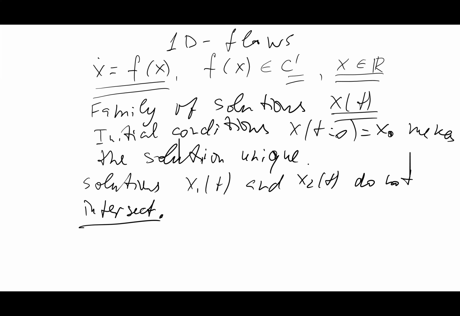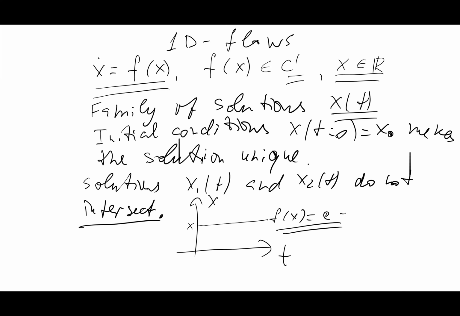So this is an important property. I was talking about this last Wednesday. So this is time, this is x. This function f of x defines a so-called direction field. If we take some value of x, then f of x equals some constant here, because it depends only on x, and f of x is a slope of the solution.